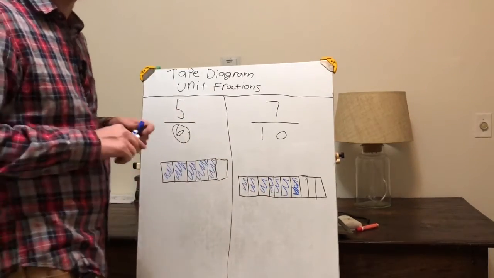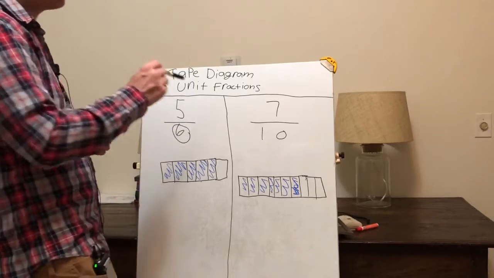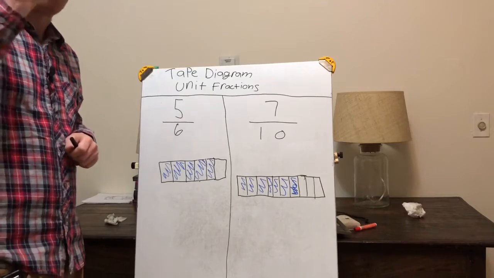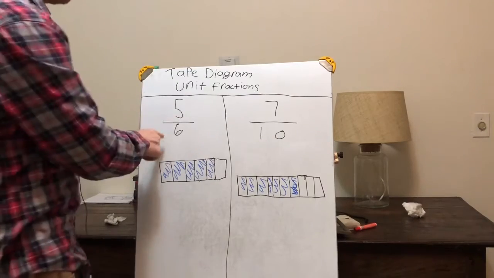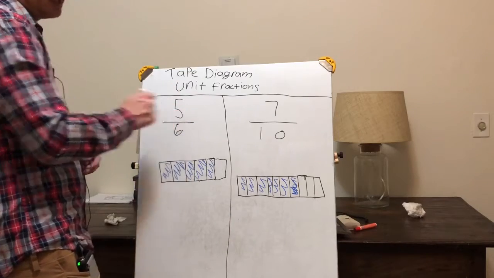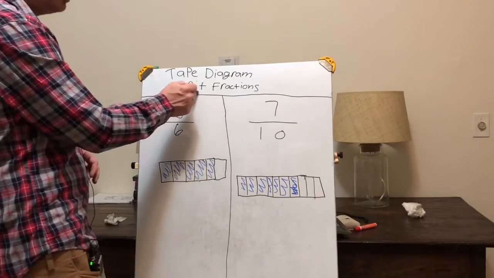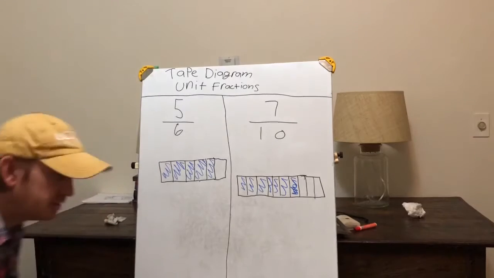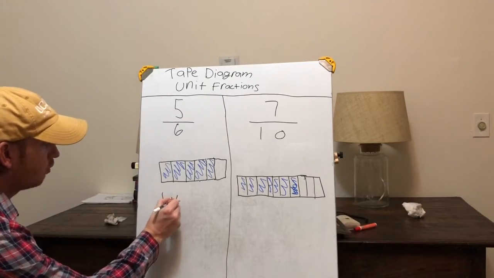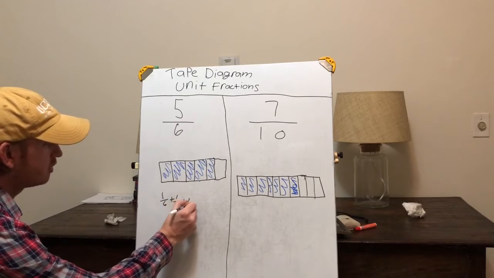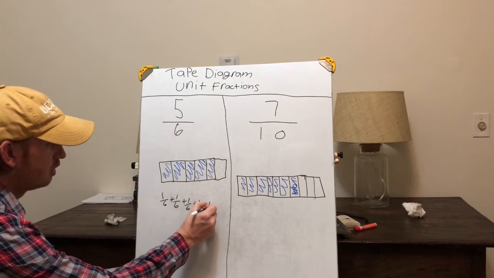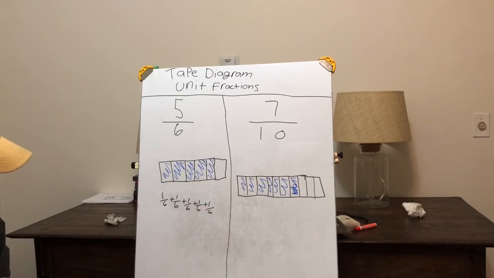Now let's look at a different way that we can decompose, and we're going to use unit fractions. Unit fractions mean that you have 1, so 1 over the denominator. So we have 5 over 6. So using unit fractions, it would be 1 over 6 plus 1 over 6 plus 1 over 6 plus 1 over 6 plus 1 over 6.